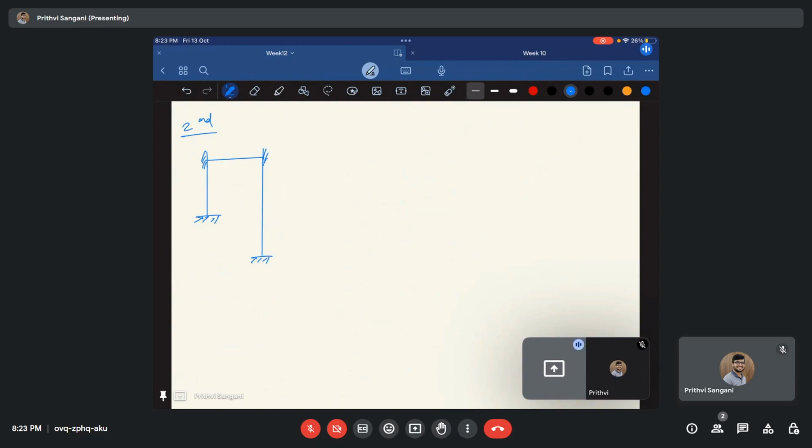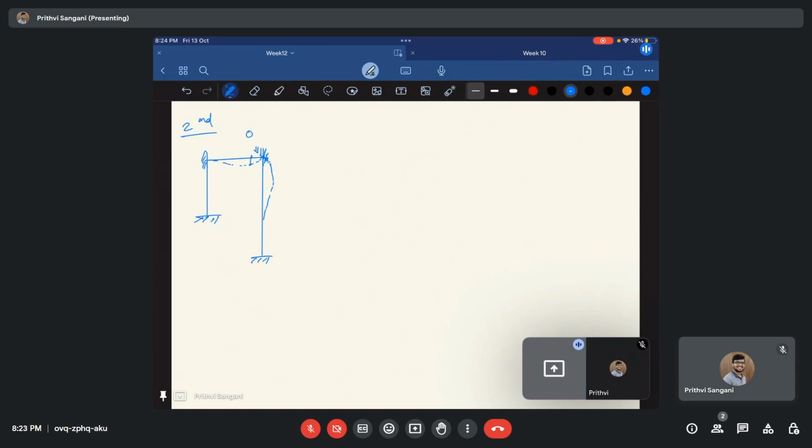So that unit load is going to be anti-clockwise movement, because that is what we have assumed, if you remember. So let me rotate it anti-clockwise, and this is going to be something like this.